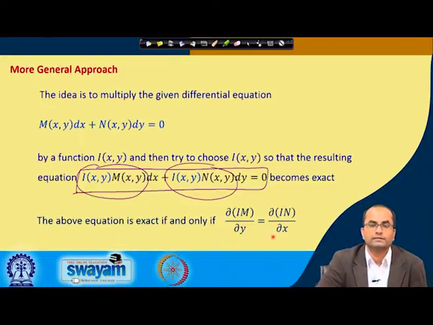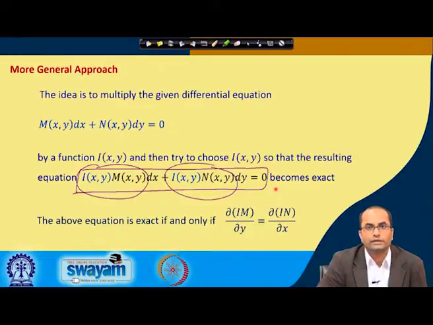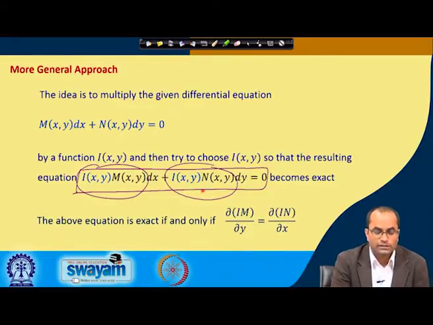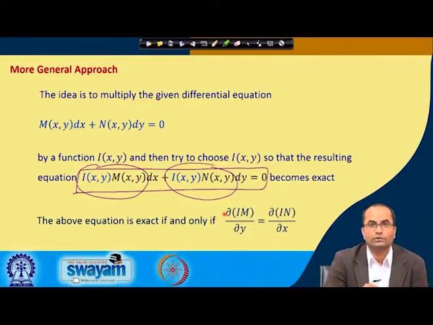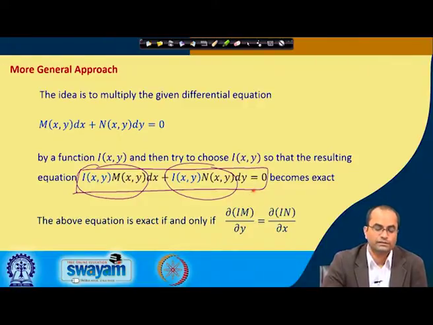That is a necessary and sufficient condition for the exactness of a differential equation. If this is exact, then this condition must hold, and out of this condition we will try to derive, in some special cases, this I, which we need as the multiplier or the integrating factor.